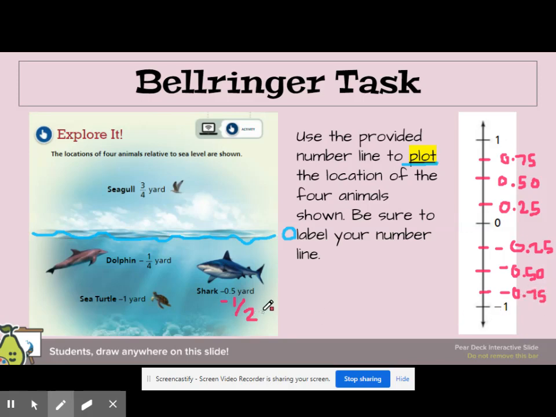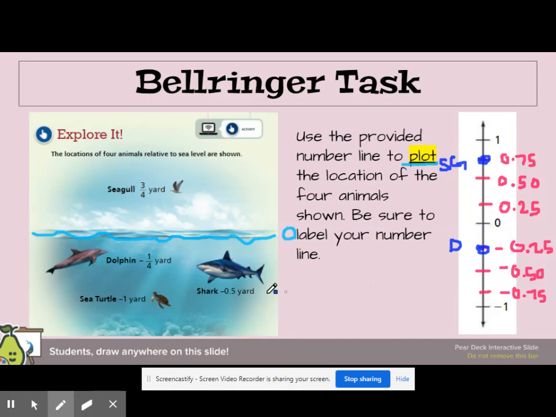Okay? Now, if you use your Desmos calculator, you can change any fraction into a decimal. And I'll show you how to do that in a minute. But I would know that 3/4, 3 out of 4 quarters, is 75 cents. Here's my seagull. My dolphin is 1 out of 4. 1 out of 4 quarters is 25 cents, but it's negative.